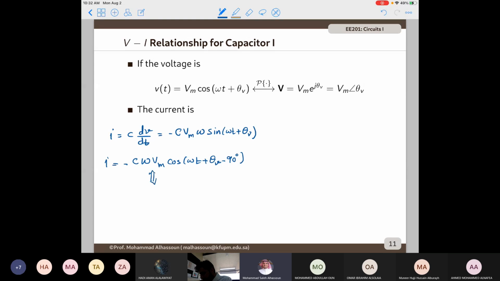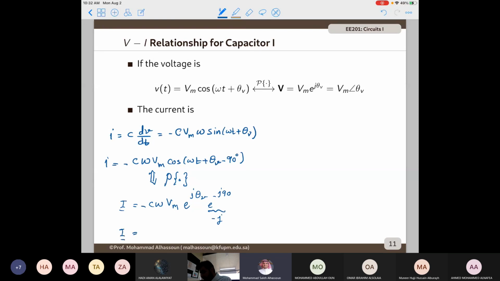Now if we apply the phasor transform to this one, for cosine we have, and we know from last time that this one is actually minus j.